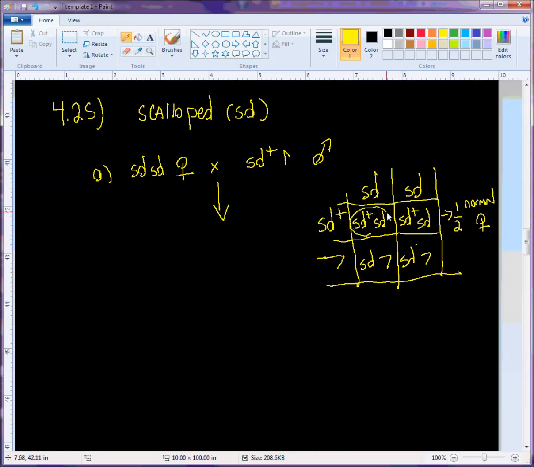All the females have a normal phenotype. For the males, 1/4 of them scalloped, and 1/4 over here scalloped. So one half of the progeny are going to be scalloped males. So all the males are scalloped, all the females are normal in the F1 generation from this cross up here.